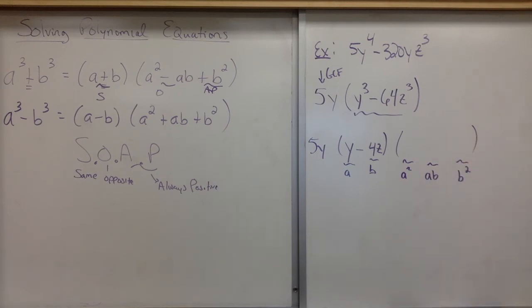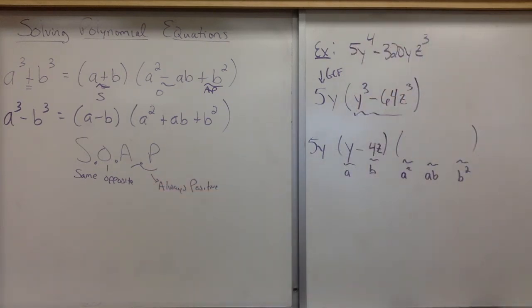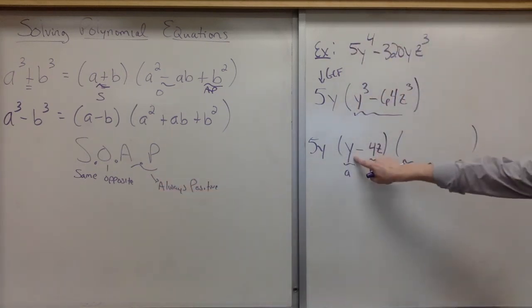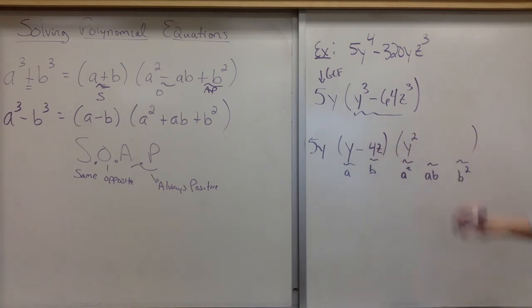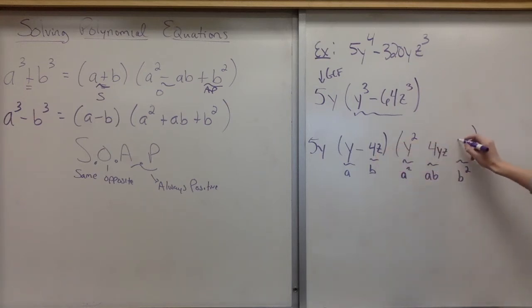And what I'll do is I'll put the signs in at the very end. So A squared is this guy. That'll be y squared. AB is multiplying both of these. It'll be a 4yz. And then B squared is 4z raised to the power of 2, which would be 16z squared.